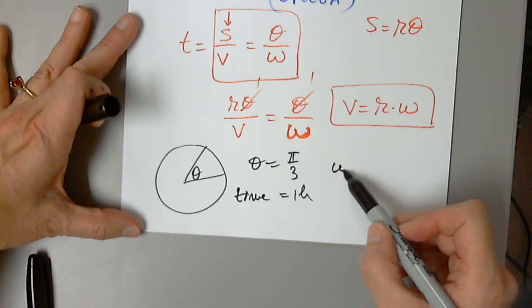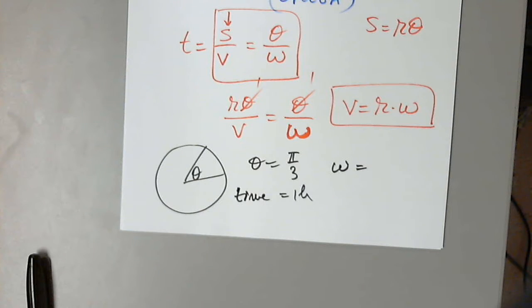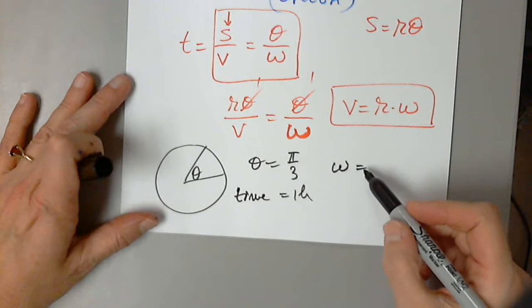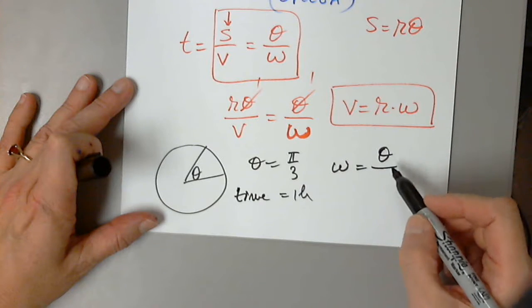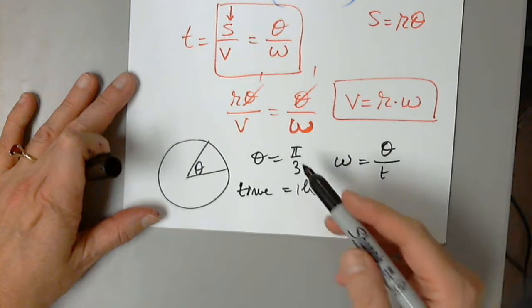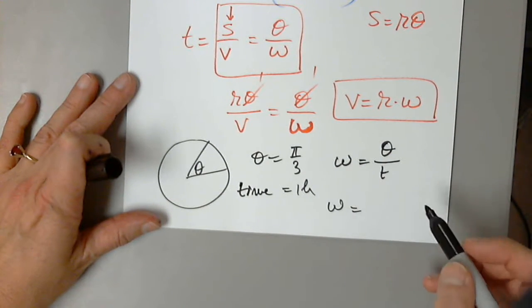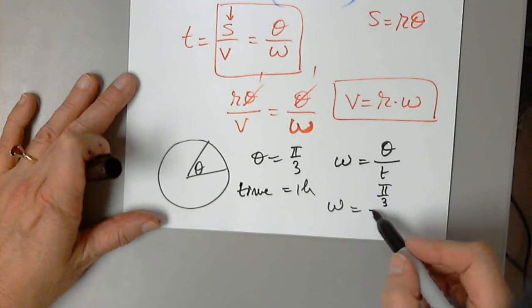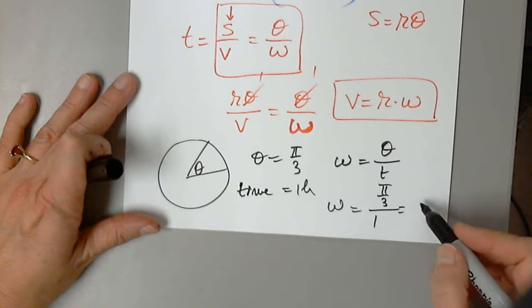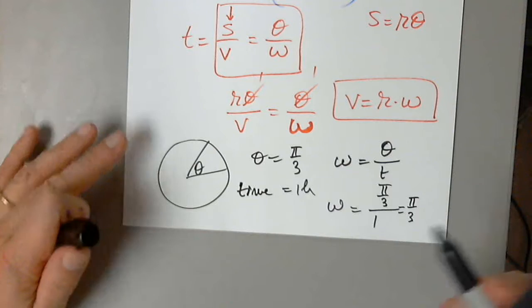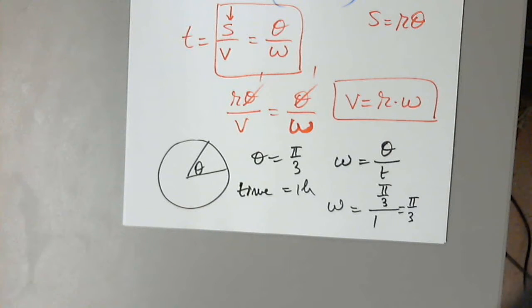And we would like to determine the angular speed. I wanted something more sophisticated for you, but a simple example, of course, I can make up. So the angular speed is theta divided by time. We have both. So the angular speed will be pi divided by 3 divided by 1. So the angular speed is pi over 3. But the measurement unit is the most important.